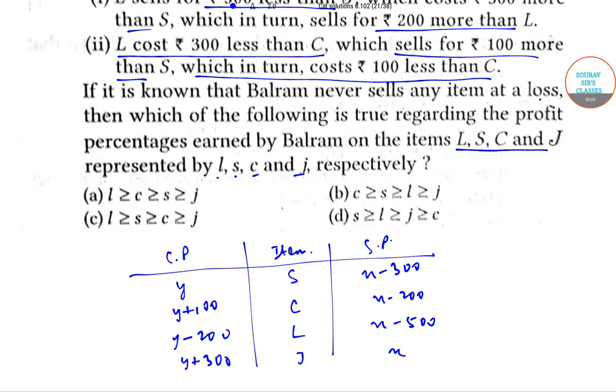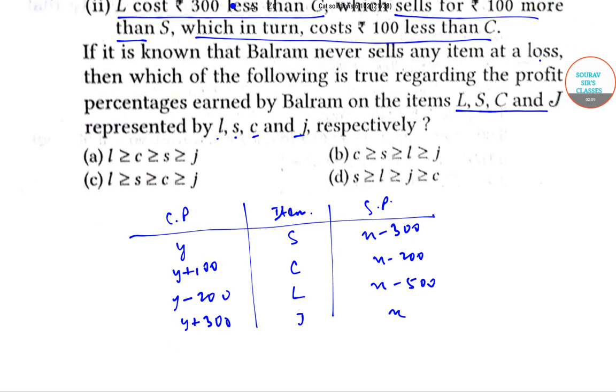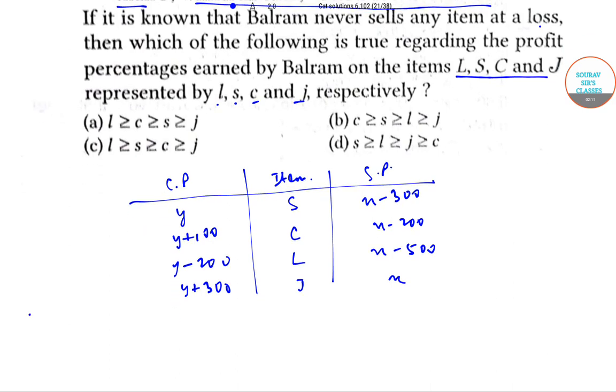To compare the profit percentages, we can compare SP by CP. So for profit percentages, we'll compare SP by CP, that is equal to X minus 300 by Y. Then for C, it is X minus 200 by Y plus 100.